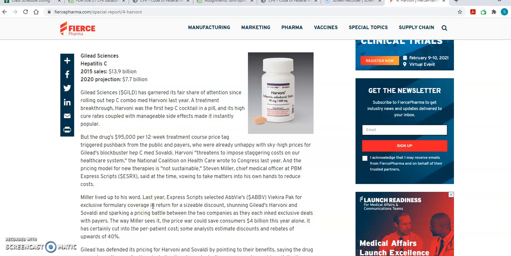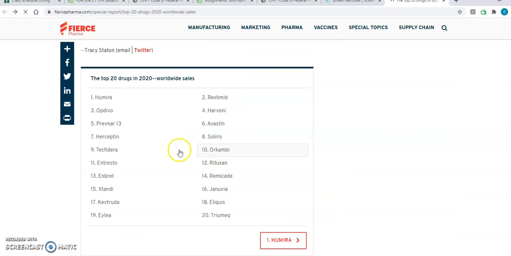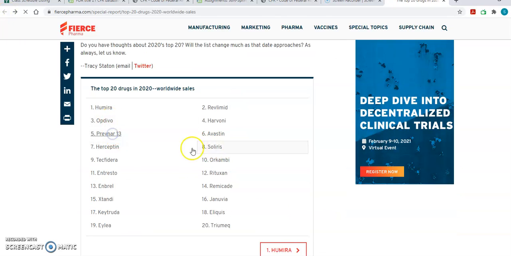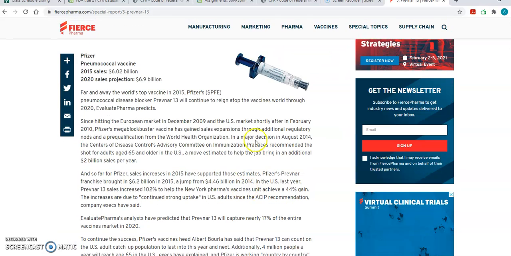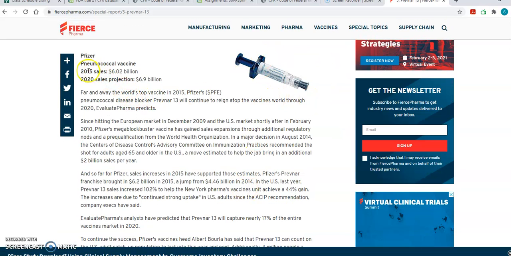Harvoni by Gilead Sciences. It's against hepatitis C. That's a pill-based drug. $7.7 billion in year 2020. Number five, Prevnar 13, again an injectable drug. As you can see, it's a vaccine against pneumococcal disease.